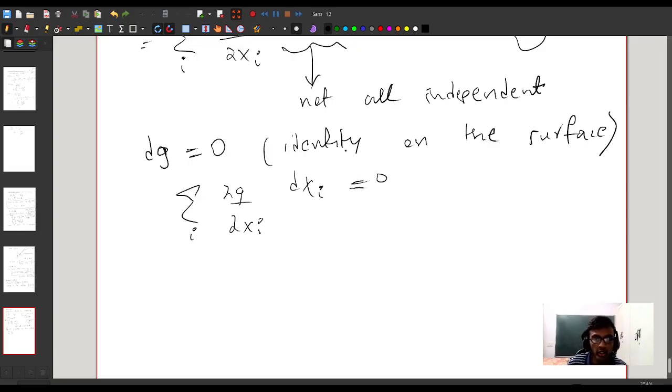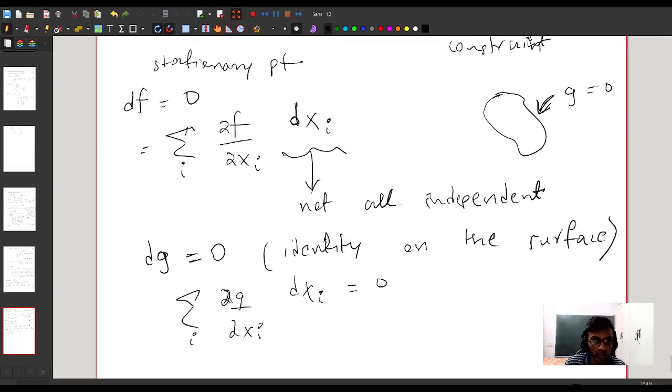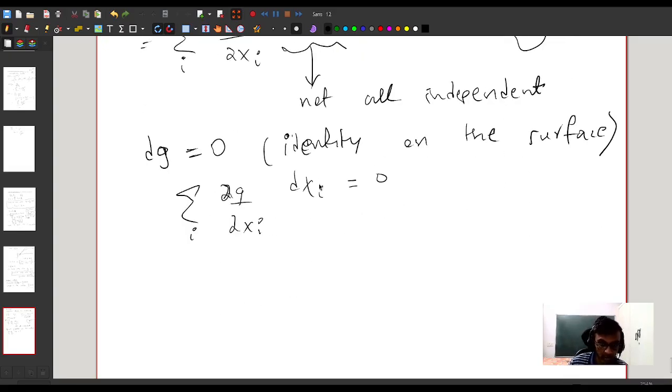So we can see there is a relation between the various dxi's. Like we said, the dxi's are not all independent because of the constraint, and we can clearly see that from this expression.